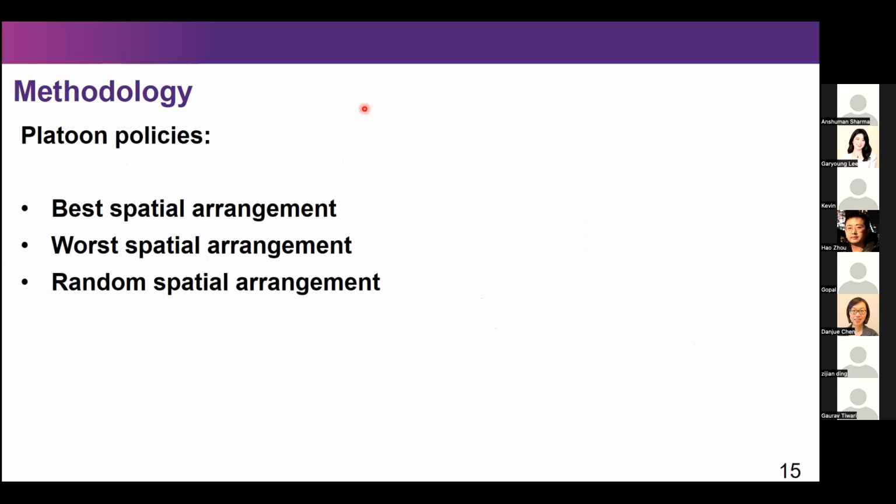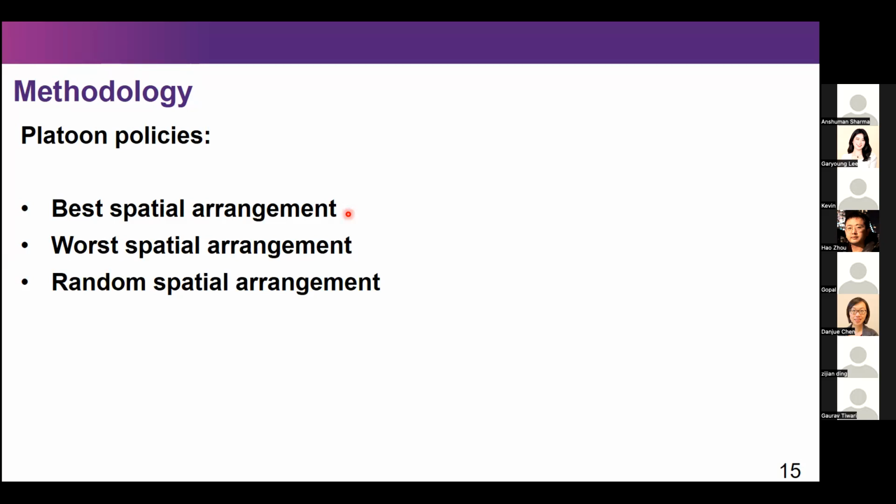Now, in this, I have also considered 3 platoon policies. I'll explain these platoon policies in upcoming slides as well. As I said previously, one of the gaps was how my connected vehicles are distributed in the traffic stream. So I've used a best spatial arrangement. By best spatial arrangement, I mean I distribute my connected vehicles in such a way that I achieve the maximum benefits from their arrangement.